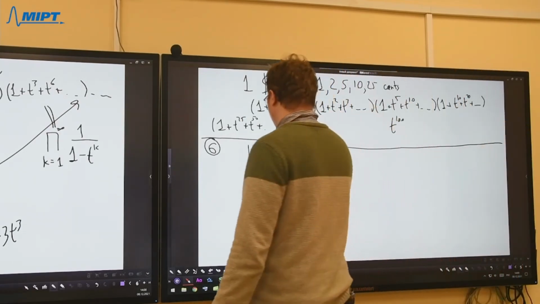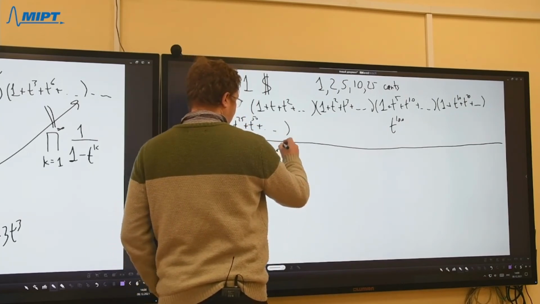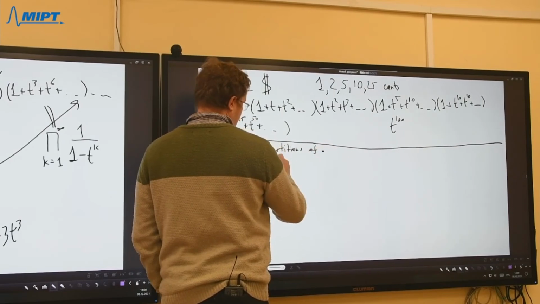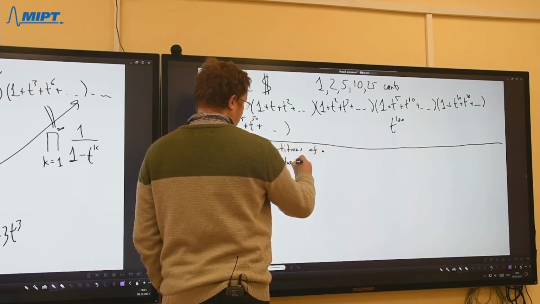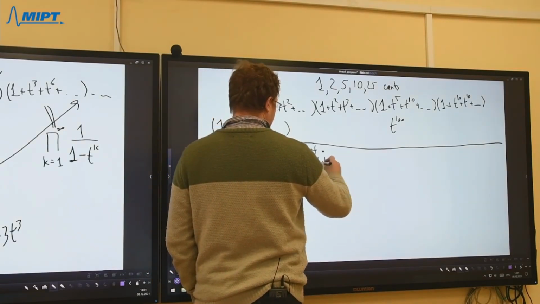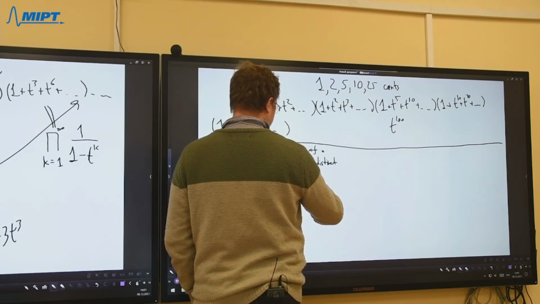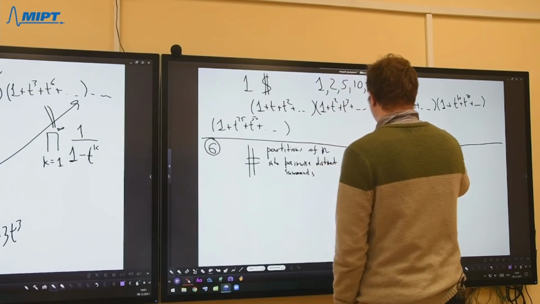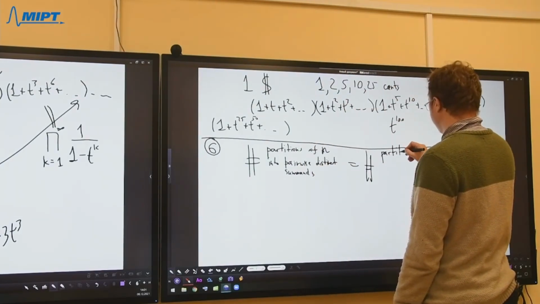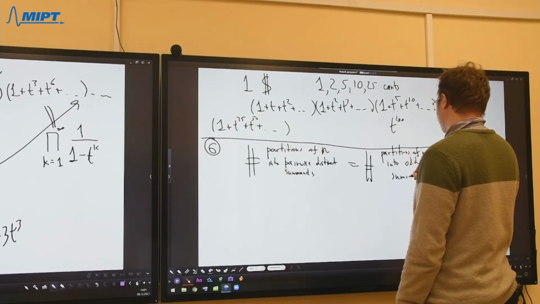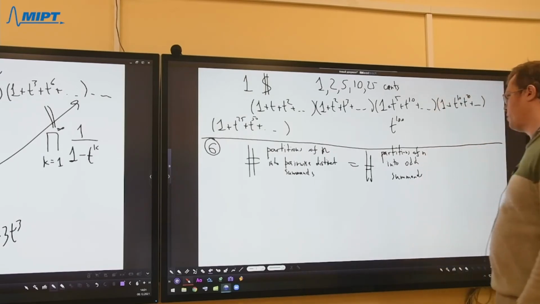So the number of partitions of n into pairwise distinct summands is the same as partitions of n into odd summands. Okay, let me check this for some example.